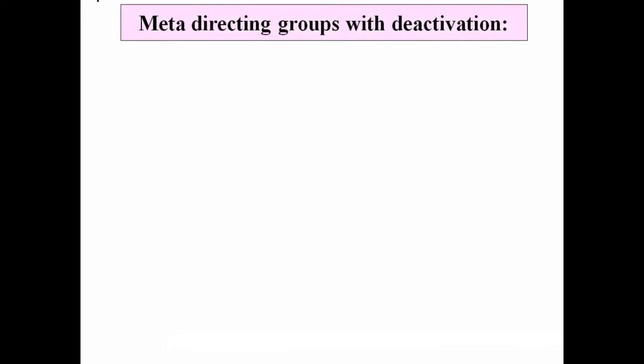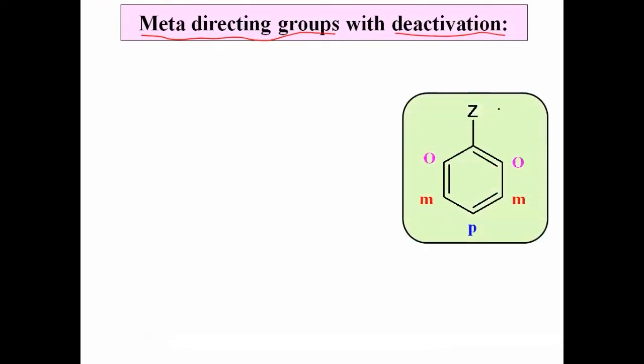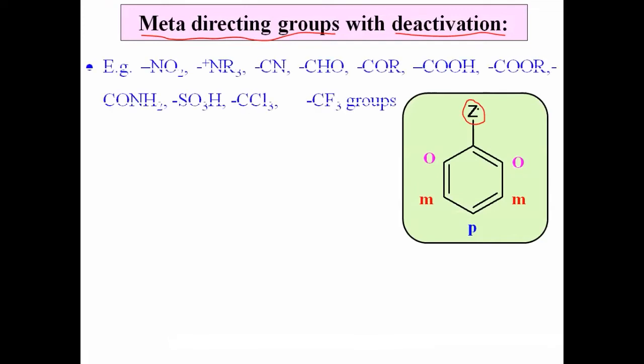The second category is the meta directing groups. They are meta directing groups with deactivation. Suppose this is our substituted benzene, a substituted aromatic compound, that has a substituent already present on the aromatic ring. Now let us see examples of some groups. These are very well known examples.